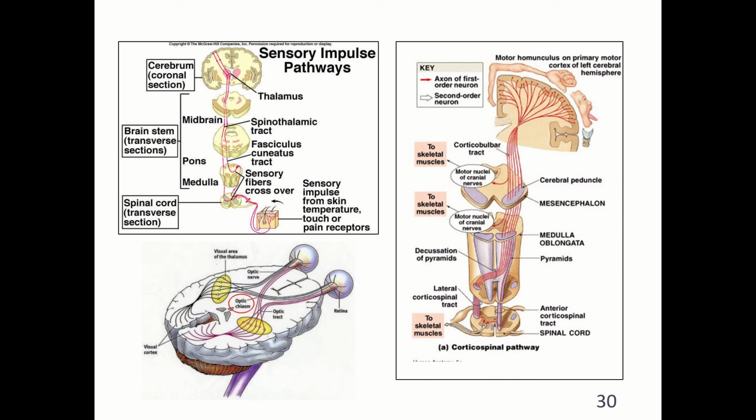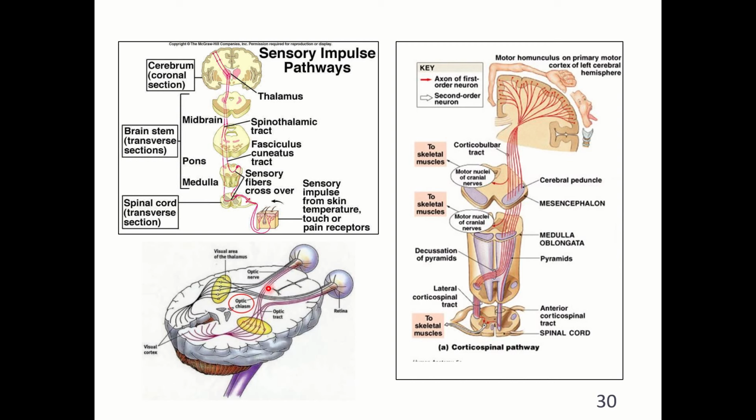This illustration shows sensory impulse pathways and the crossing over that is occurring from the skin on one side of the body up to the sensory areas of the brain on the opposite side. And then, as mentioned, here is the optic chiasm where the neurons cross from the eyes.